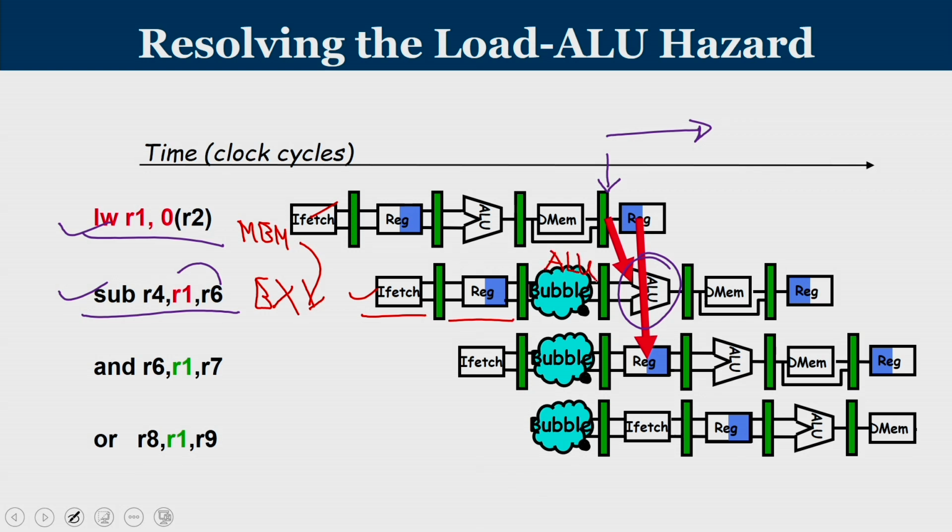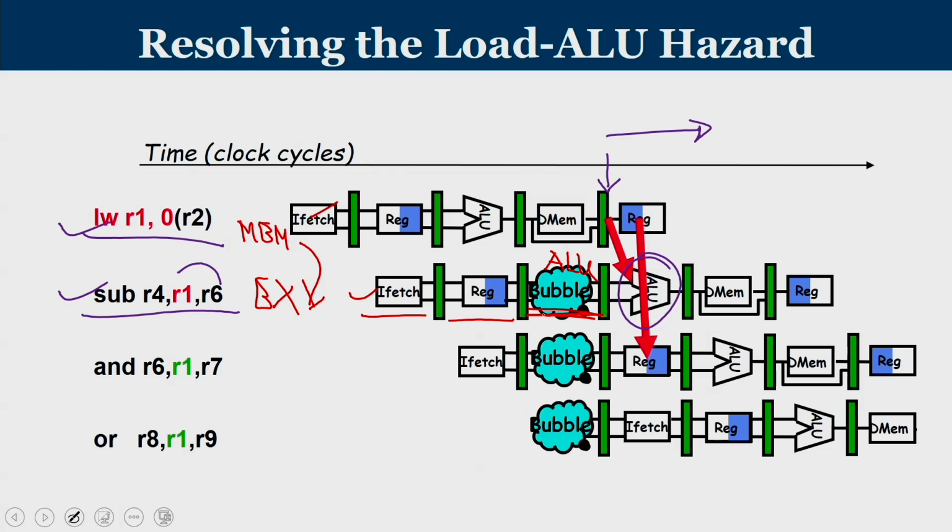But now the condition tells us that the execution stage of the subtraction instruction can happen only after the MEM stage of load word. That naturally means that my execution cannot happen at this point. I am going to insert a bubble. That means the subtraction instruction will continue in its ID stage, or the register reading stage, for one more cycle.